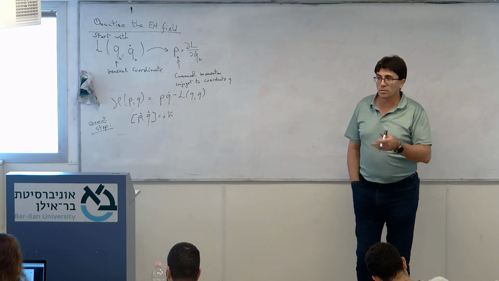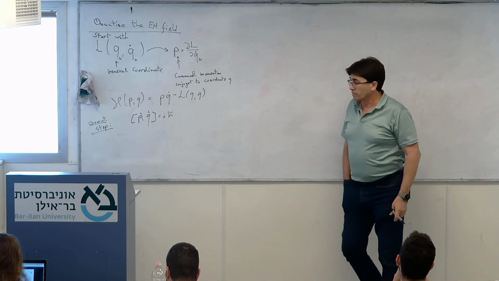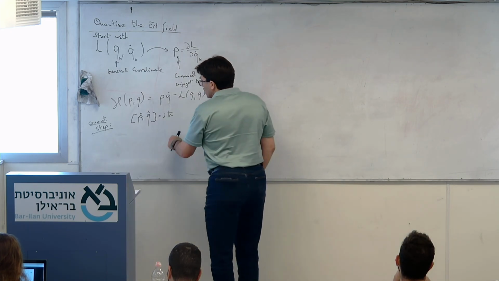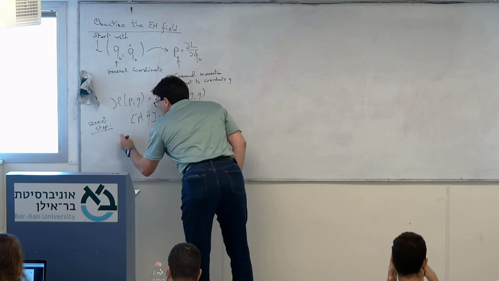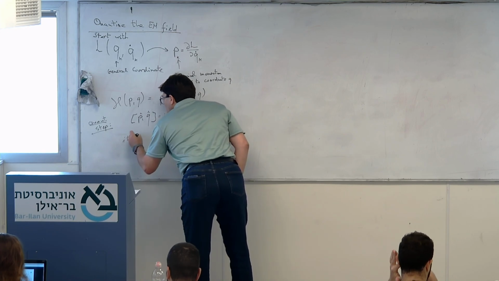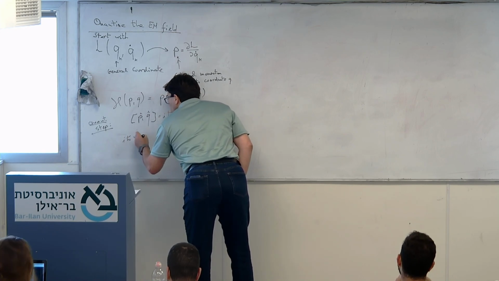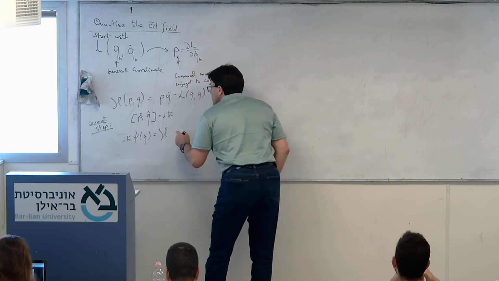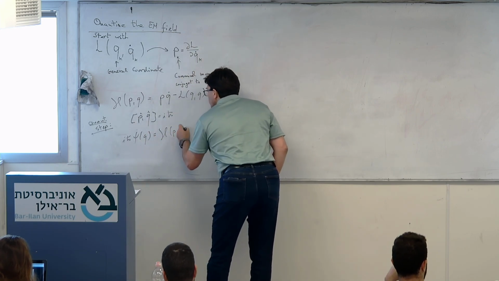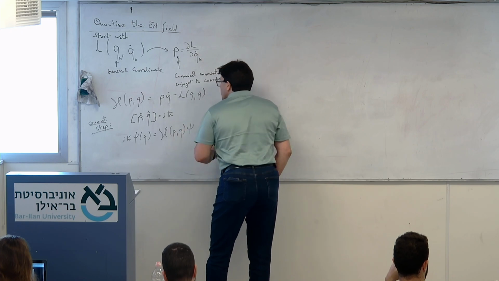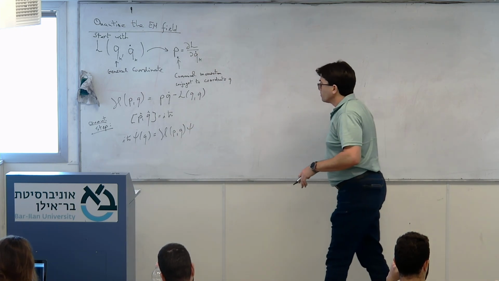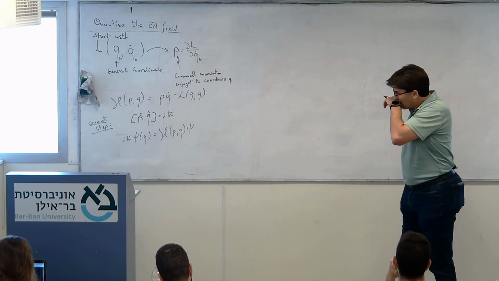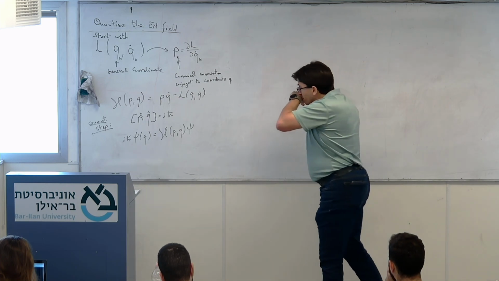Schrödinger, Heisenberg, you choose. So, I h bar psi dot, as a function of q, equals the Hamiltonian operating on psi, of course.